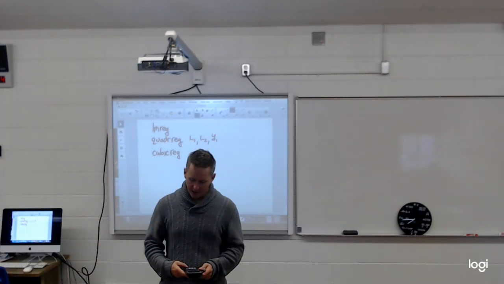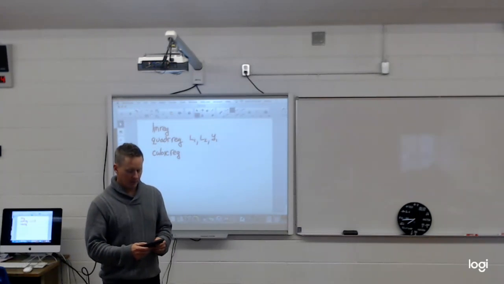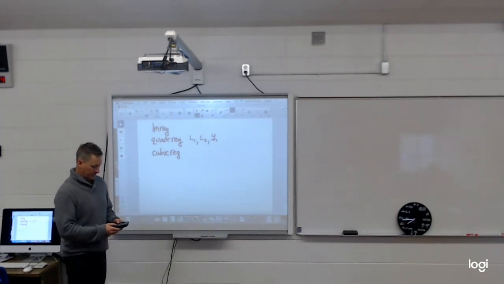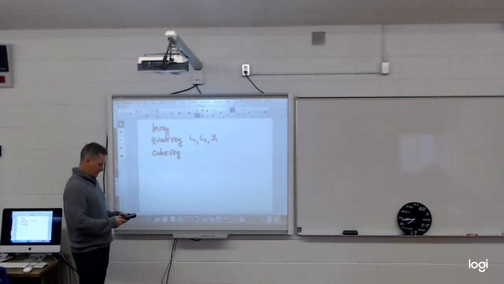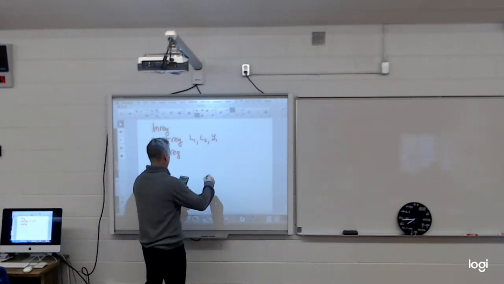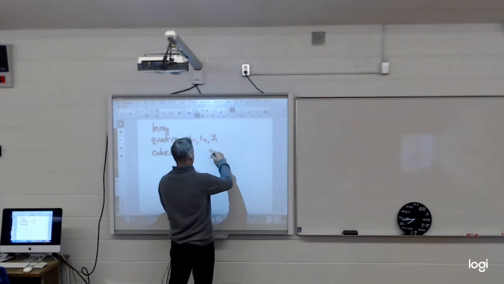So the first thing you do after you've done all that, Morgan, is write in your equation. So I go to second function quit. I'm going to go to stat, calculate quadratic regression. I did the L1, L2, Y1. I pushed enter, then went to Y equals.